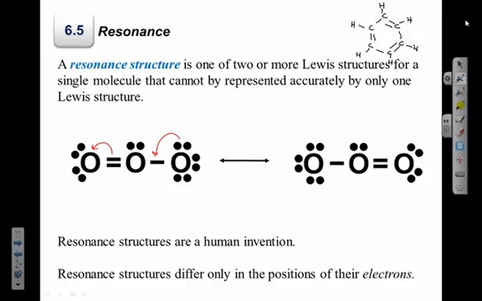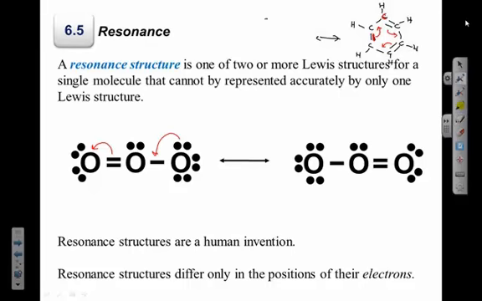Then I see the possibility of resonance because of this pattern where if I have a double bond between two atoms, it can shift into a position where it becomes a double bond between the two neighboring atoms. Well, then that would create 5 bonds for this carbon. So this would have to shift, and this would have to shift at the same time. So if all 3 double bonds shifted at the same time, I would get a different molecule.